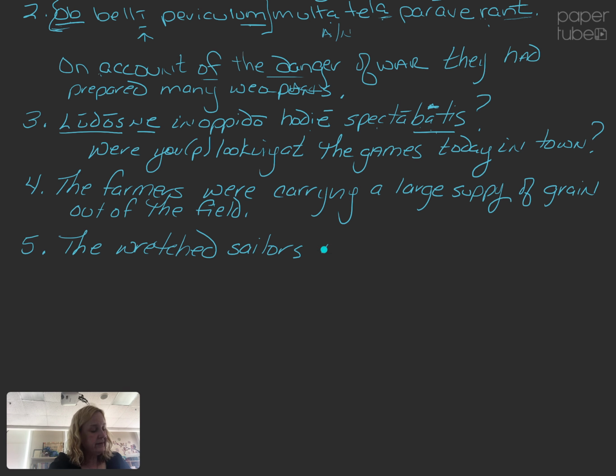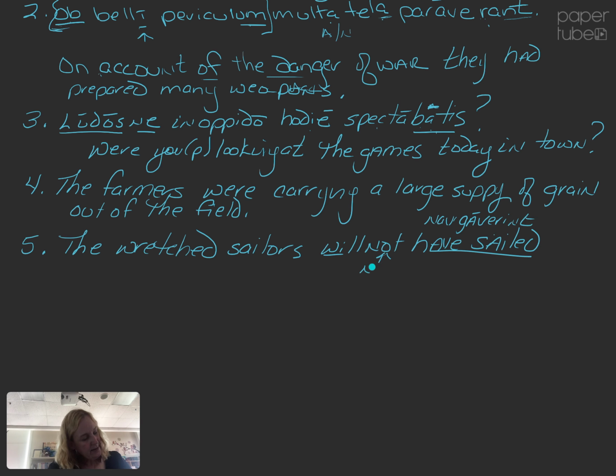The wretched sailors will not have sailed. So will have sailed I got from the verb, now we get the not. The not comes in part from the num, right? But this is only half of the num. We get the rest in a minute. The wretched sailors will not have sailed ab insula, from the island.